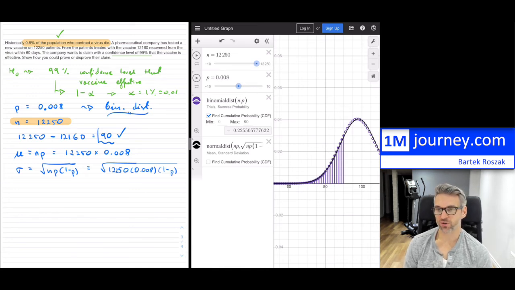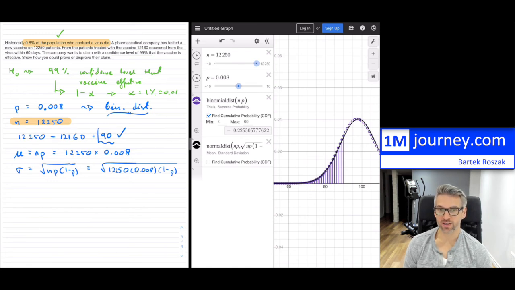So my threshold was supposed to be 1%, right? So for them to make a claim, it's actually not very rare that you would find a big sample like this just in the general population, and then they would recover just on their own without any vaccine.